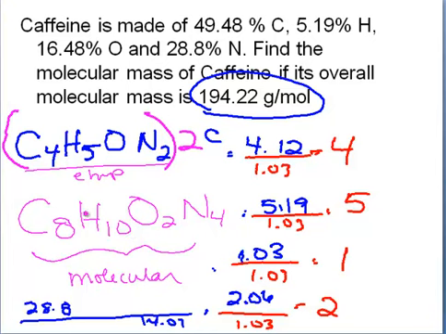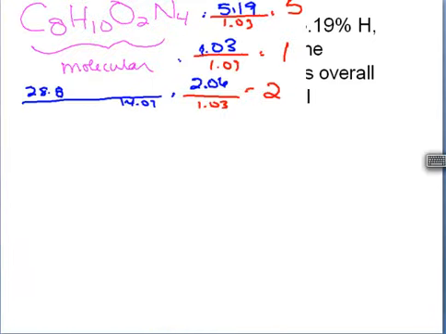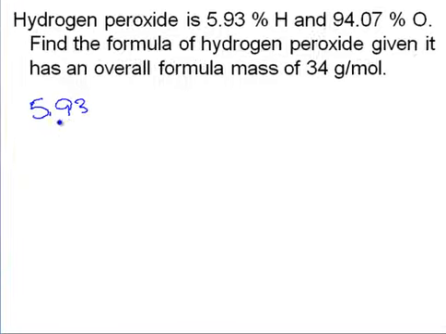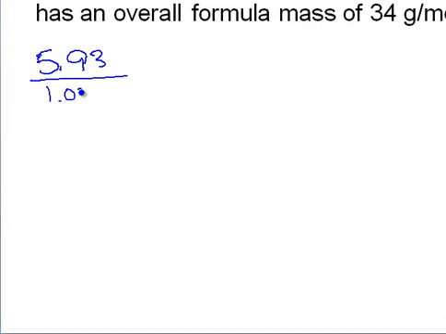Okay? Let's try one more just to make sure. Okay, hydrogen peroxide is 5.93% hydrogen. So I take 5.93 divided by 1.00, which gives me 5.93. I'm getting moles here. I have to get the empirical formula first.